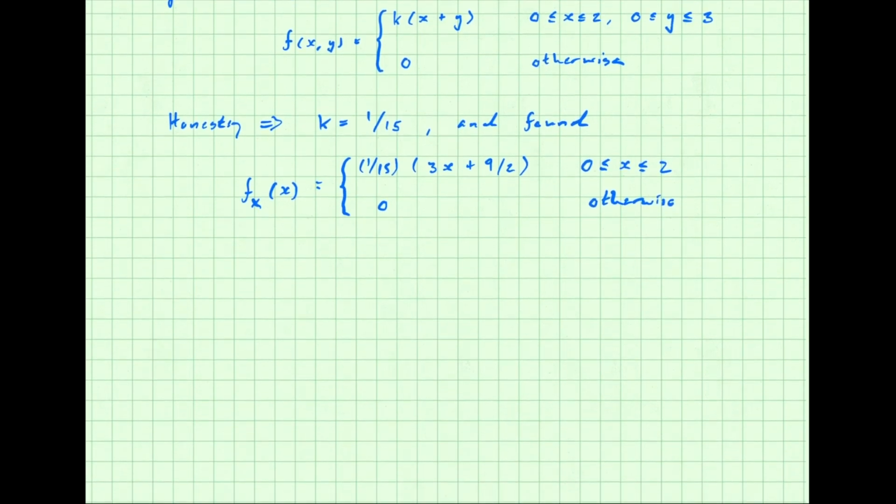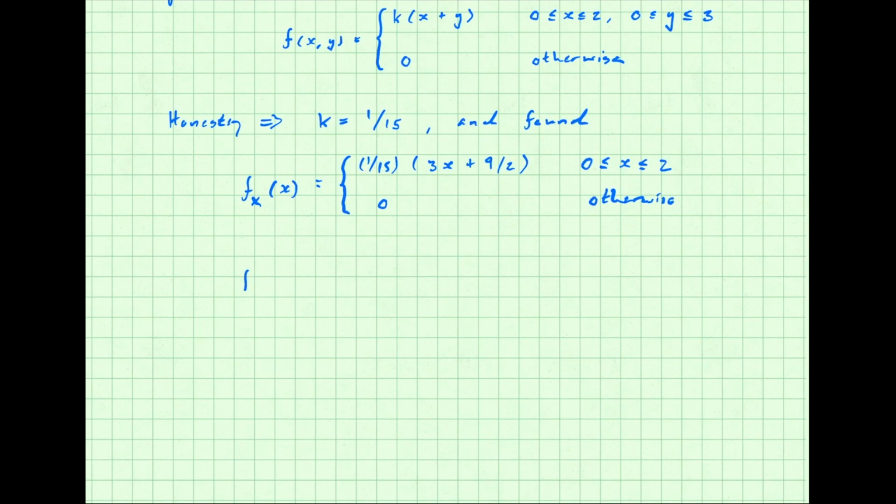And we also found the marginal distribution for y by integrating the joint distribution over all of x. And the result was 2/15, so write it like this, times (1 plus y). And you can look back at the last lecture's notes to see how this was done.